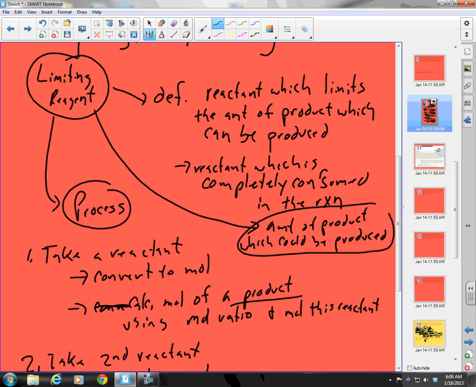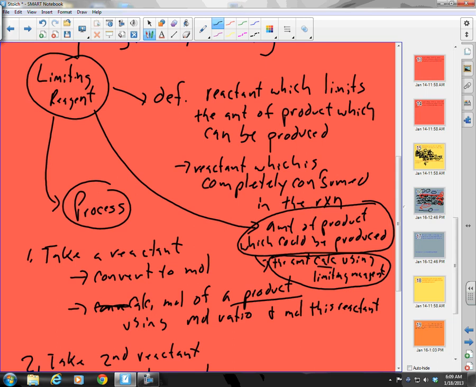Okay, what's the amount of product which could be produced? And that is the amount calculated using the limiting reagent. So the amount that comes from our calculation with the limiting reagent is the amount that could be produced.